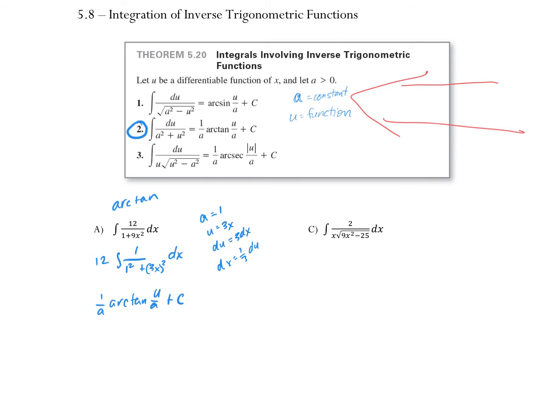Can I do that? We have one slight problem. Hold on. I'm going to hold on to that. So wouldn't this become, let me write it that way. Does that make sense?